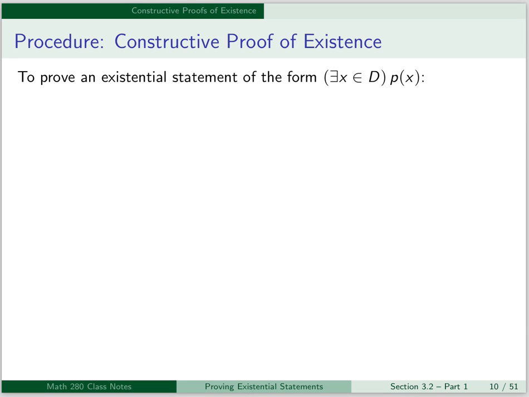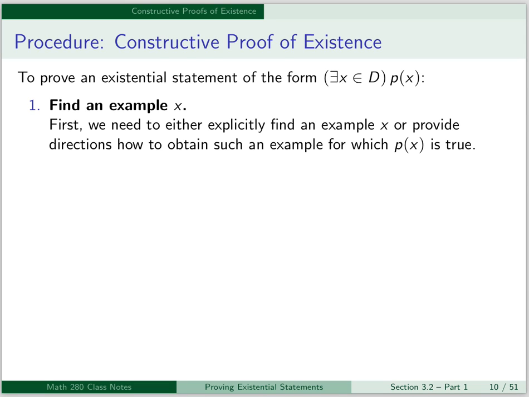This is the procedure for proving an existential statement of the form there exists an x in D such that p of x, using a constructive proof of existence. Our first step is to find an example x. So first we need to either explicitly find an example x or provide directions how to obtain such an example for which p of x is true.